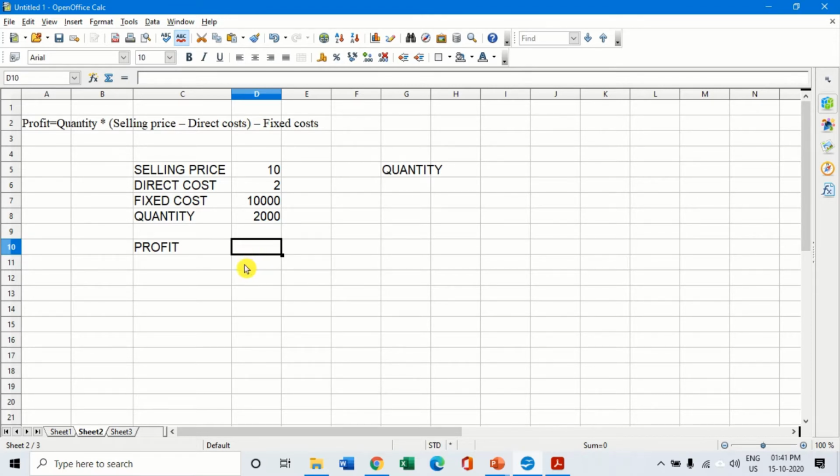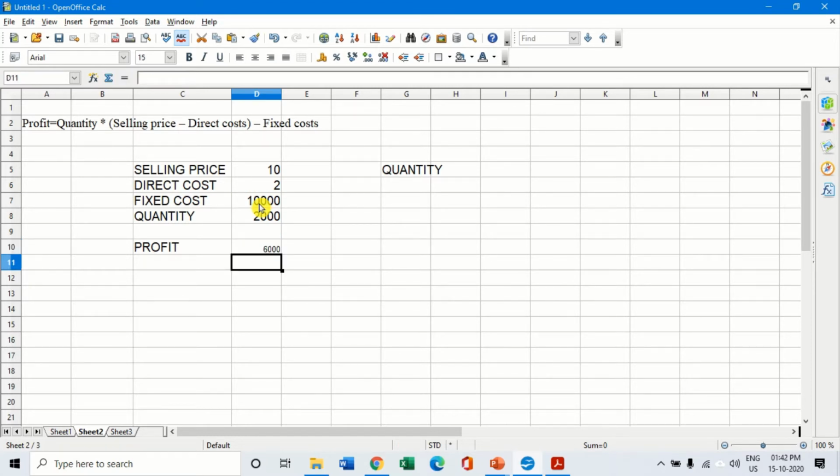So again, as formulas always begin with the equal to sign, we write equal to. Where is the quantity? The quantity is in this cell, quantity multiplied by, in brackets, the selling price minus the direct cost, close the brackets, minus the fixed cost, that is 10,000.